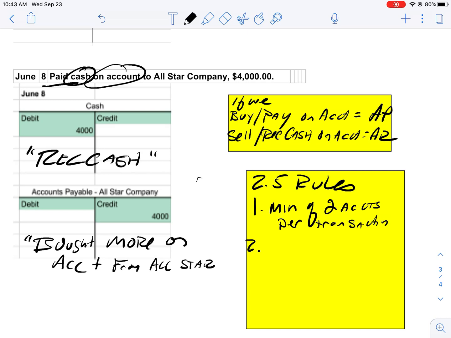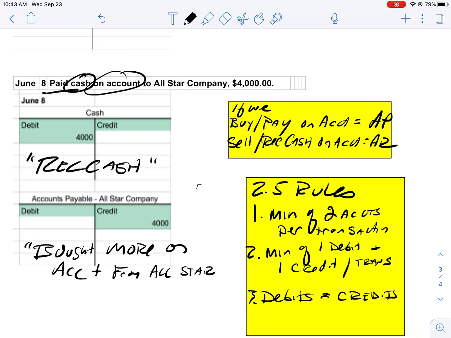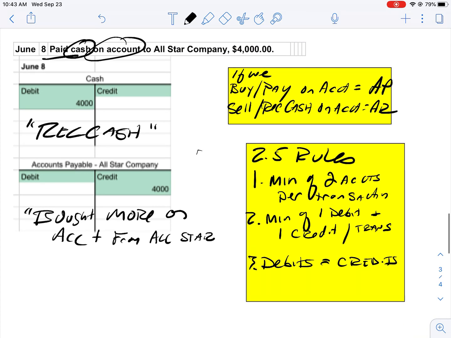Two, we will have a minimum of, I'm sorry, back up, I went ahead of myself, a minimum of 1 debit and 1 credit per transaction. And 3, my debits need to always equal my credits. Hope this helps as you complete this assignment and you go back and look at your errors. Go ahead and fix the errors, and best of luck.